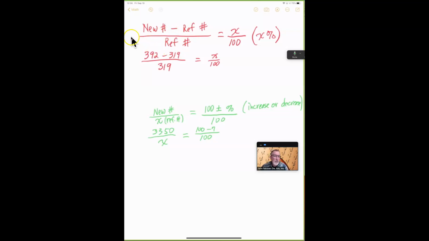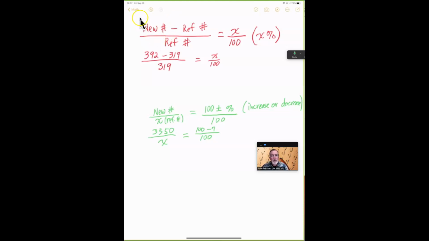We calculate the percent change by calculating the difference between the new number and the reference number, and difference is a mathematical term that implies subtraction. So to find the difference between the new number and the reference number, we subtract the reference number from the new number. Based on our answer, if we have a negative number, it will be a decrease. If we have a positive number, it will be an increase.